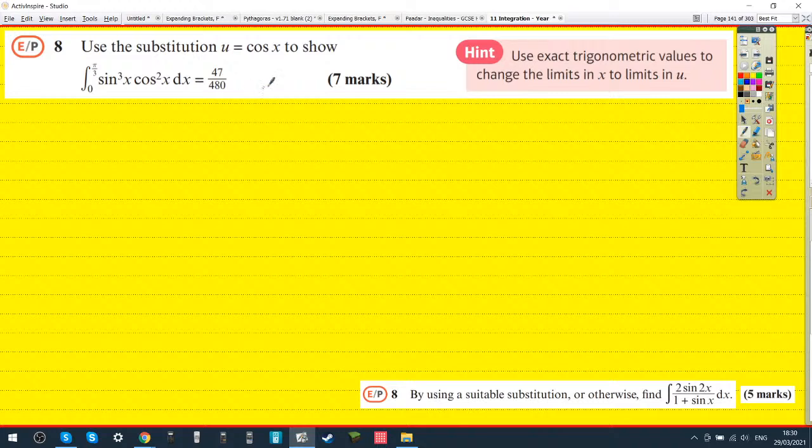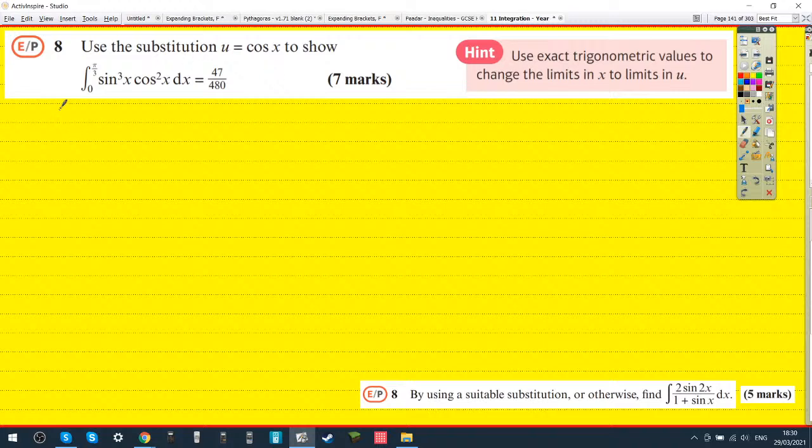Let's do that if we need to, because then we would get the arc cos, and I want to avoid that if we can. They kind of told us the answer, and we just have to show that. So just do it as normal.